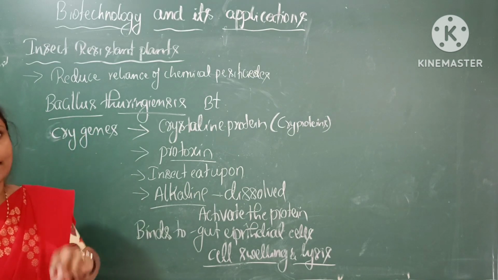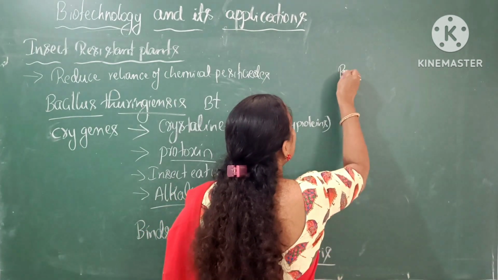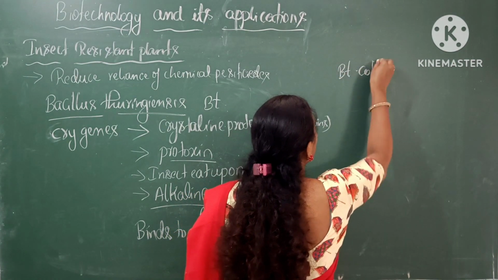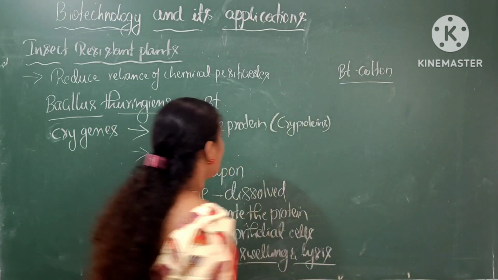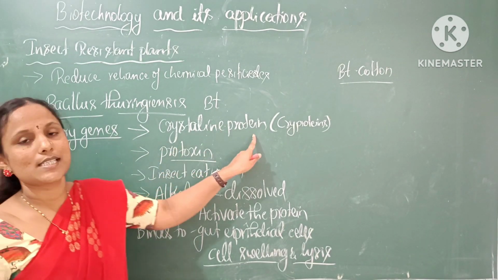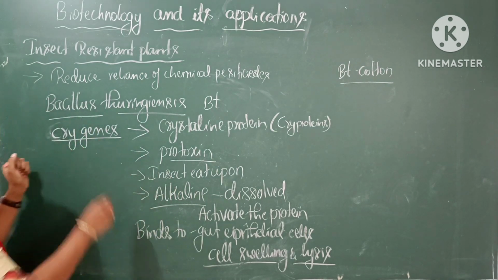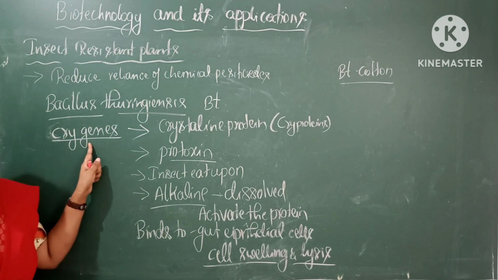Here, the one example which I will be taking is the production of BT cotton. Here we have discussed that cry genes produce crystalline protein. And one more thing you should know here is that the cry genes are of different types.